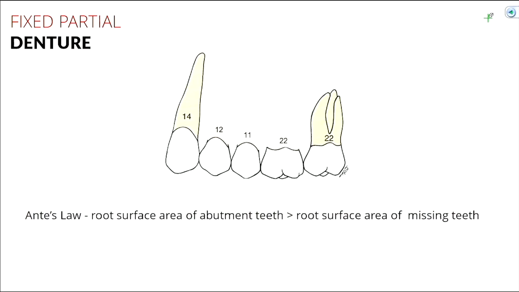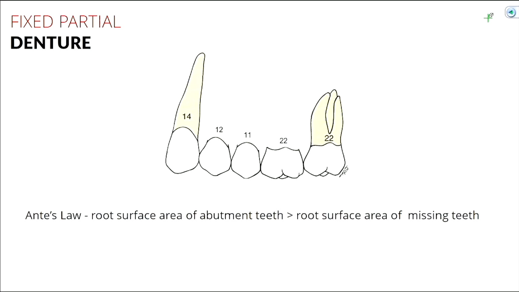So one example, or let's just demonstrate, is would a bridge from your canine to second molar be successful? Right, so we add up the surface area of the abutment teeth, so 14 plus 22 gives us 36, right? And then if we added up the surface area of the root structure for the pontic teeth, what do we get there? 45?